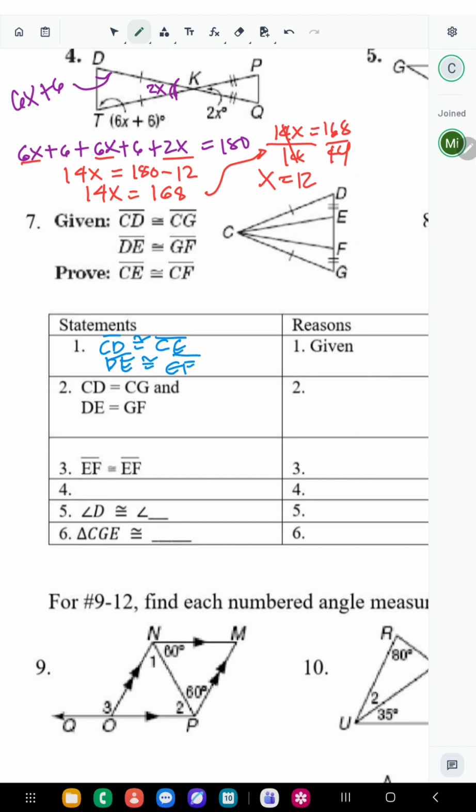It's given. We know this is reflexive, but common side. It's reflexive because I can see here. Okay. It's reflexive property of congruence.